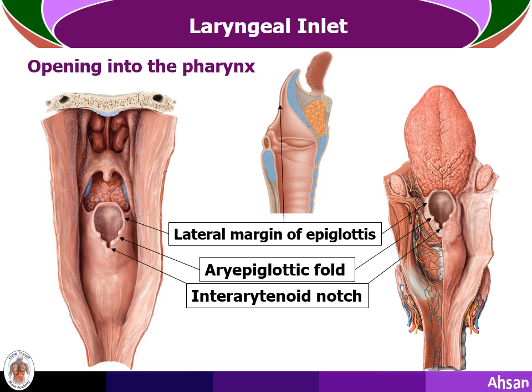So from posterior to anterior, we can serially say interarytenoid notch, aryepiglottic fold, lateral margin of the epiglottis up to the median margin. So this is on either side. We'll get these features in the laryngeal inlet.